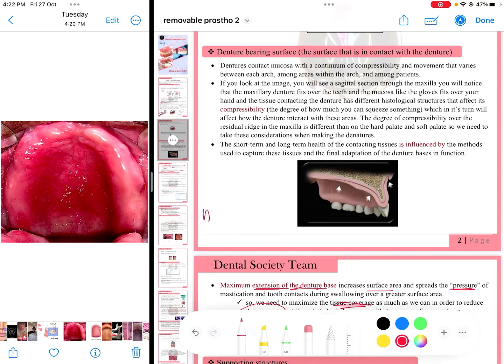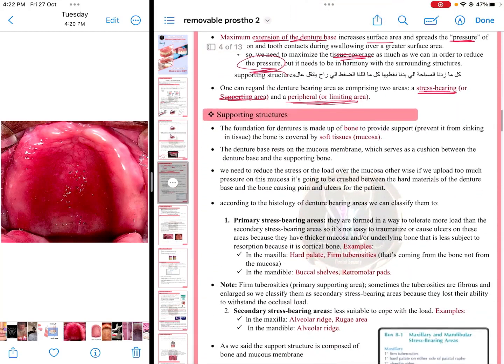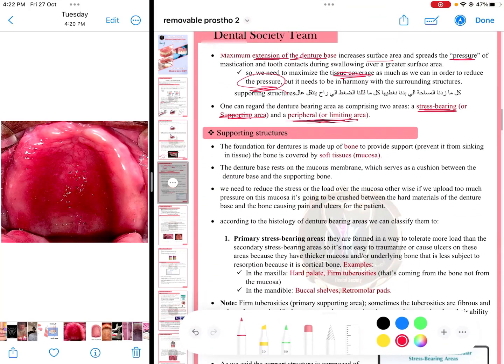So the denture bearing area is classified into the supporting area or stress bearing area, and the limiting and peripheral area. Now we are going to talk first about the supporting structure, or supporting area, or stress bearing area.